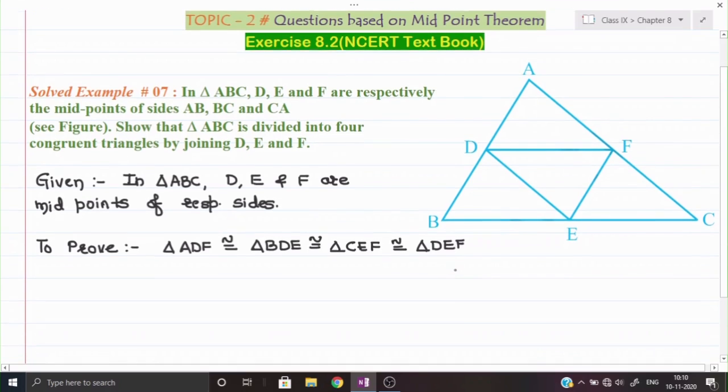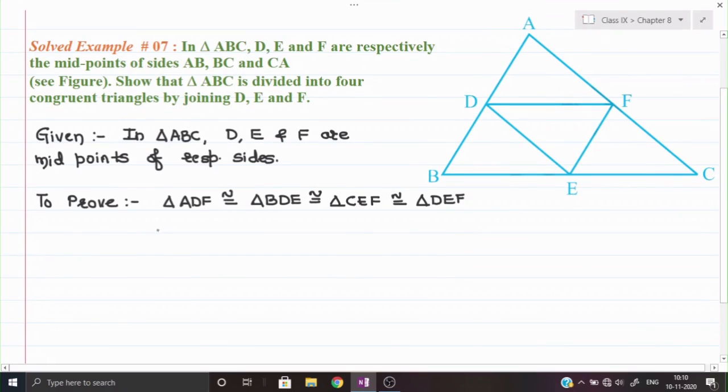Once more we shall recall what exactly the midpoint theorem says. In the midpoint theorem we have learned, suppose we are given a triangle. I will draw a simple triangle over here. Suppose the triangle is named PQR, and we are given two midpoints L and M. L and M are the midpoints of sides PQ and PR.